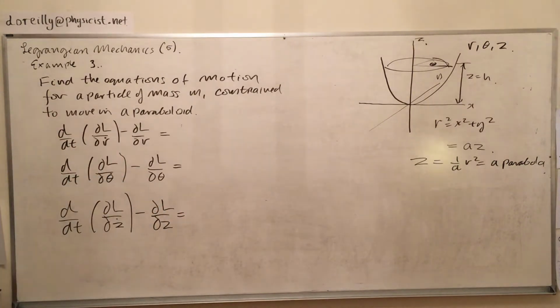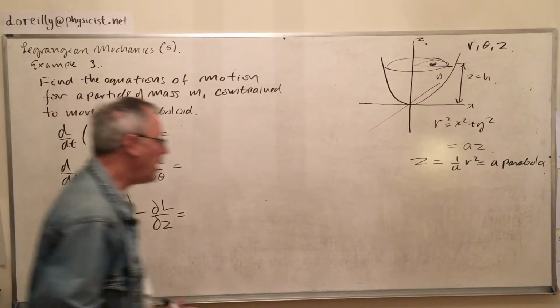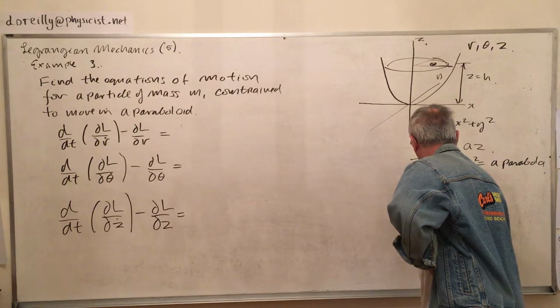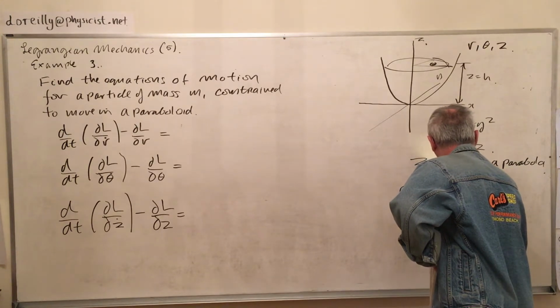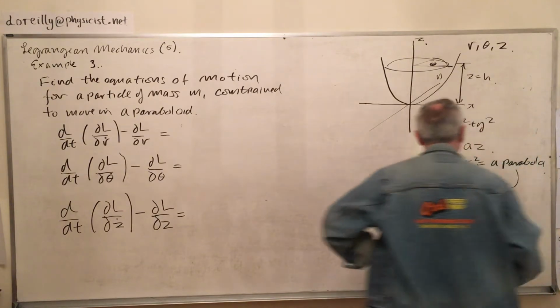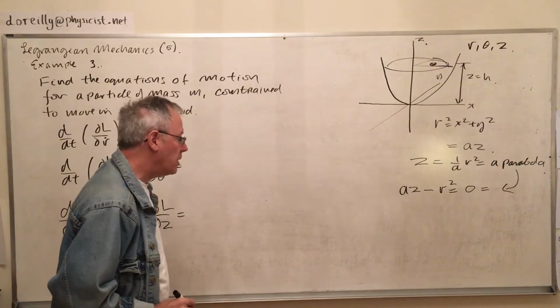I didn't put in the 0 yet because we have an extra complication in this. We have a constraint, okay? We can write this as follows. We can write the equation of the parabola like that, and let's take the differential.